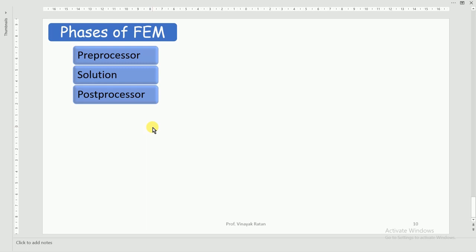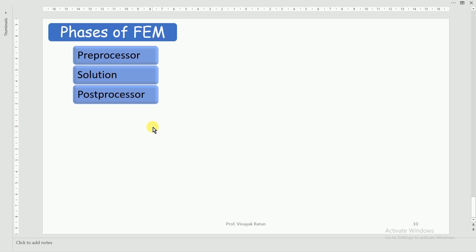Then we'll define the material properties. We'll model the component. We'll apply the displacement boundary conditions and load boundary conditions: whatever loads are given and whatever the constraints are, we'll apply them here. All these steps come in the preprocessor.